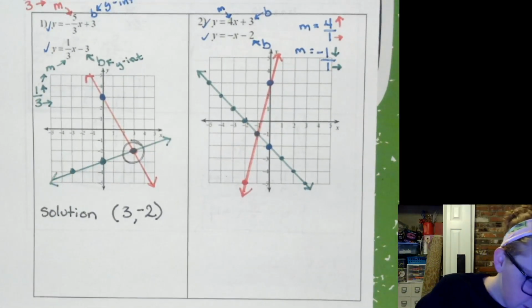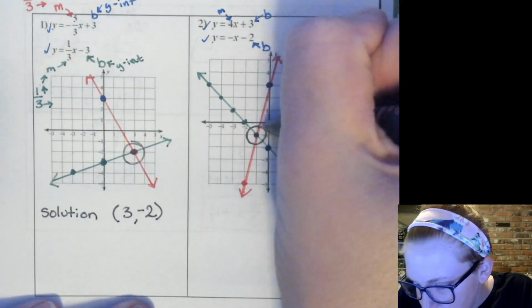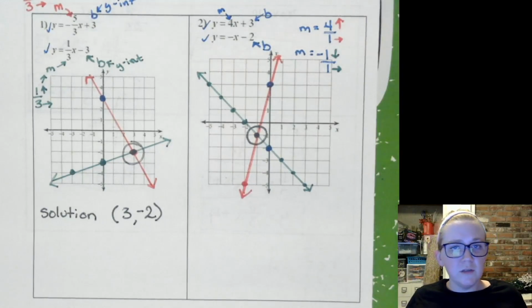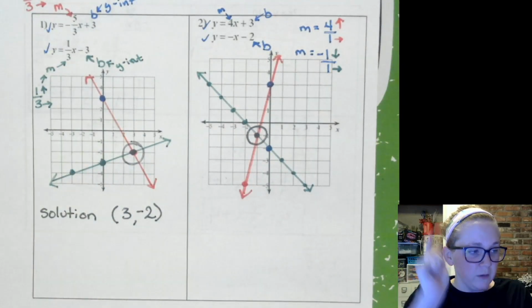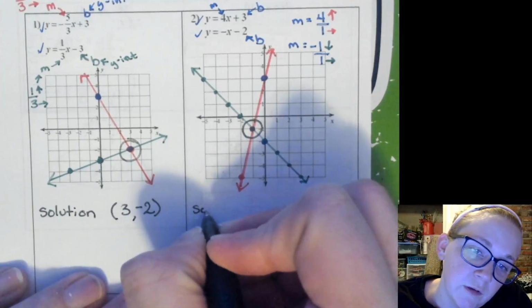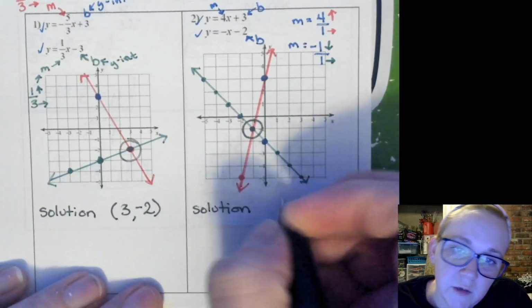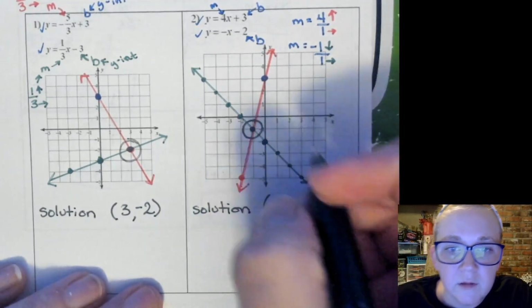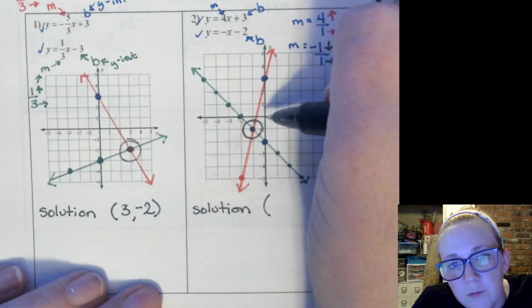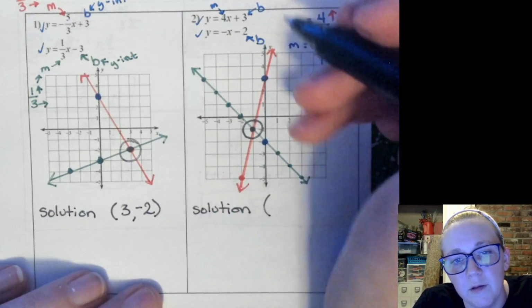All right, and as you can see from this one, again, our lines intersected, right? So how many solutions is it? Hopefully you said 1 solution. So our 1 solution is at, let's see, you always read it, you start at 0, and you go left or right, and then you go up or down.